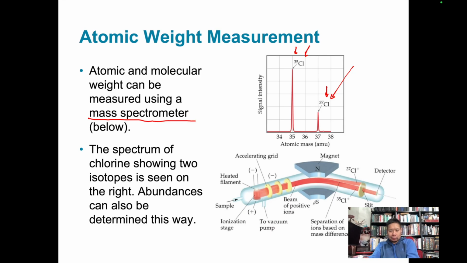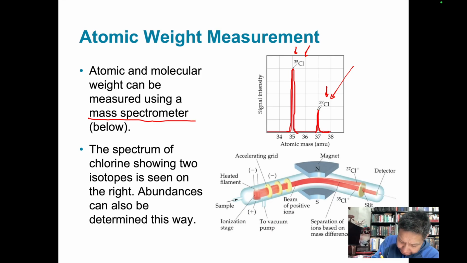You'll learn more about that later, I promise. But when you do that, it will show you chlorine 35 has this really tall peak right here, which tells you how much chlorine 35 is there. And then you also have this other smaller peak that tells you how much chlorine 37 is there. Those two different isotopes, okay?